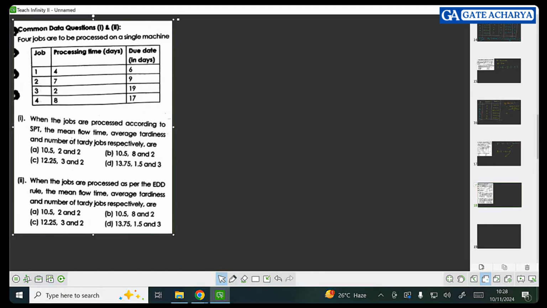When the jobs are processed according to SPT, what are the mean flow time, average tardiness, and number of tardy jobs respectively? Similarly, if the jobs are processed by the EDD rule, what are the mean flow time, average tardiness, and number of tardy jobs respectively? It is a lengthy problem, so try to solve it. Here we have to go with the SPT rule as well as the EDD rule for the same jobs. Try to finish it quickly.